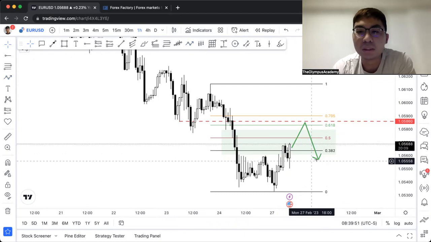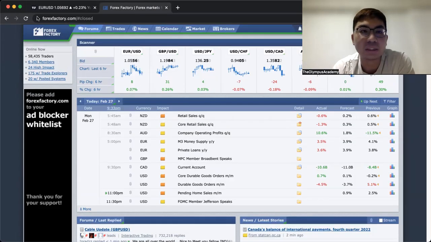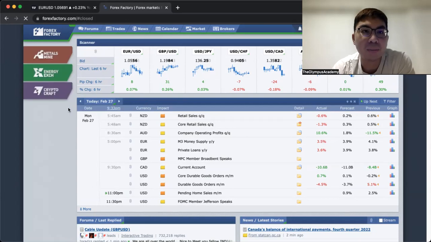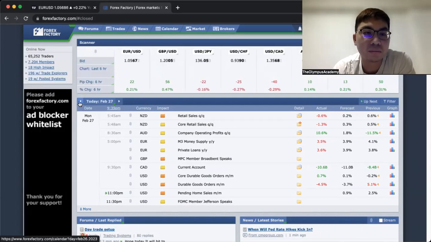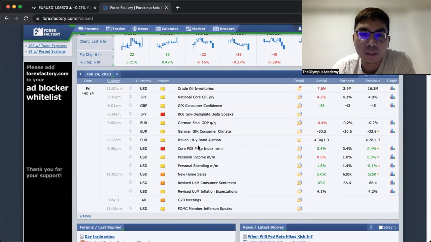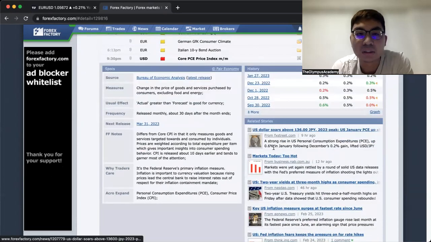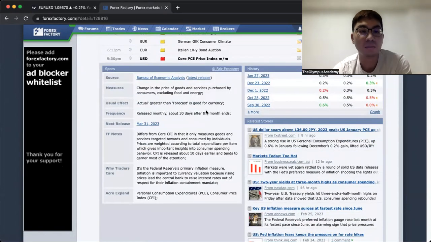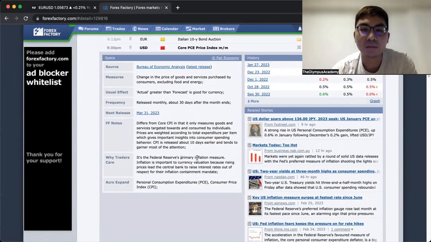At the moment, if you look at the news events that happened last Friday, we had the core PCE price index for the US dollar. So what does it actually mean? The core PCE index is a primary inflation measure.